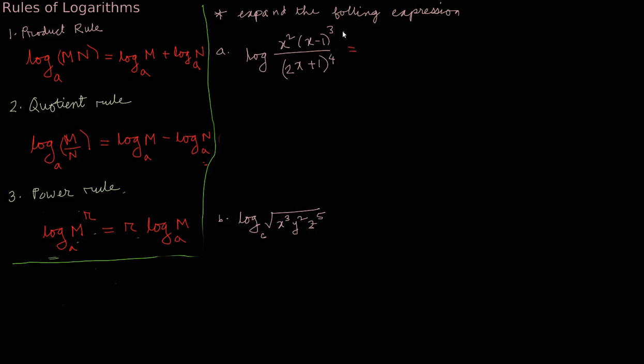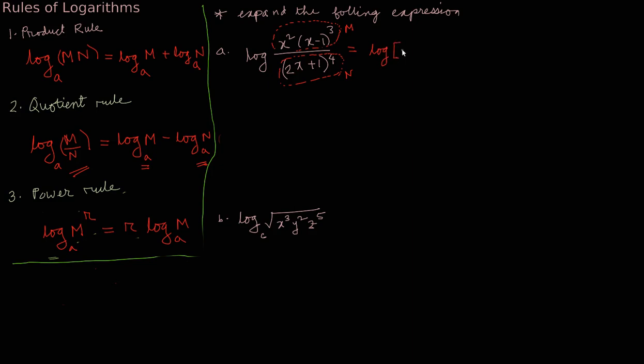First of all, I am going to assume that this whole numerator is my m, and that my whole denominator is equal to n. So by the quotient rule, logarithm of m over n, I can write logarithm m minus logarithm n. So let me write it down here. Logarithm m, what is my m?